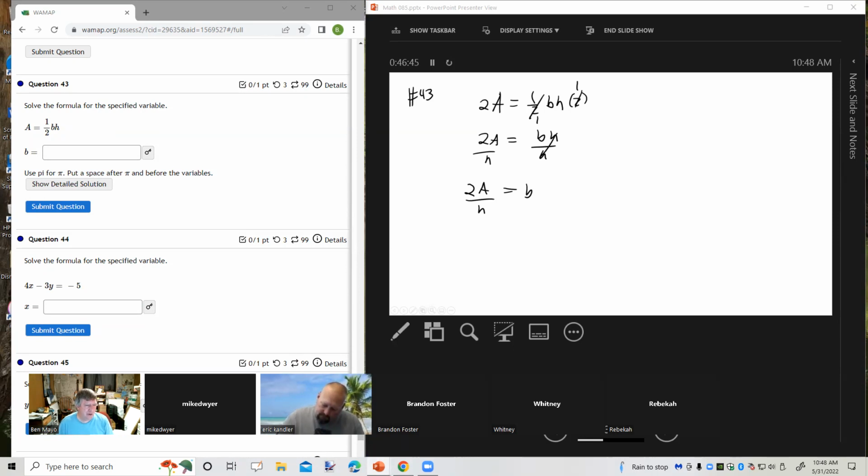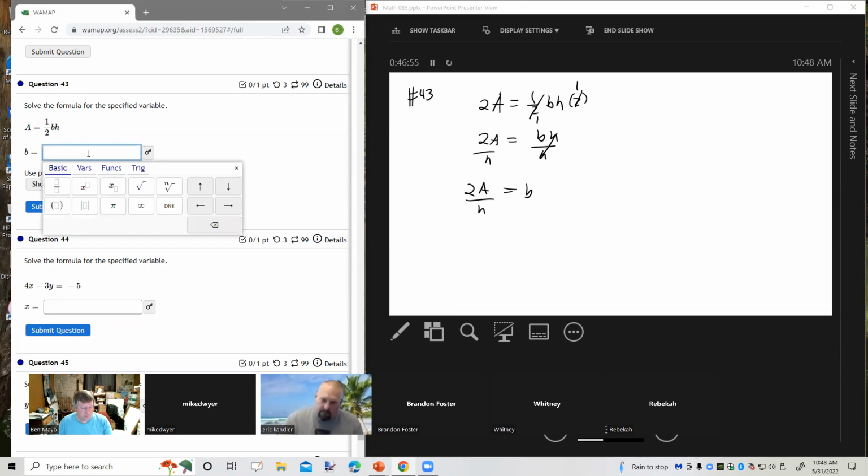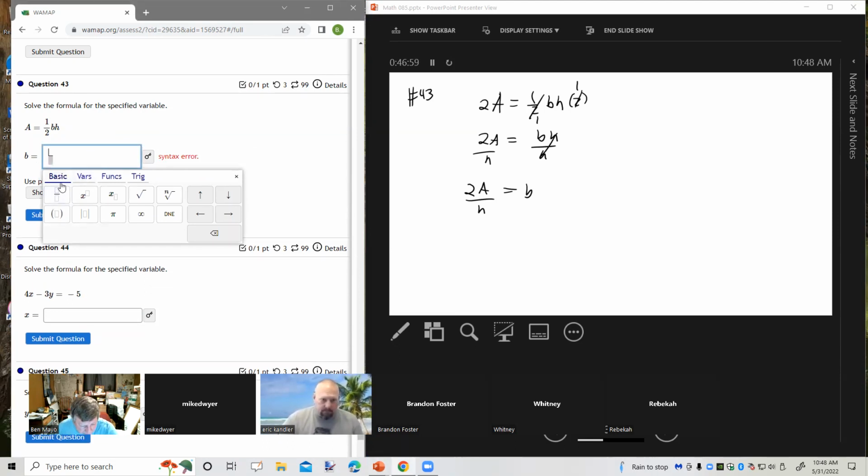Now, I don't know if WAMAP cares, but in WebAssign it does, which is the other one I've been using. So don't change cases of the letters. So this should be, let's see, I'm going to have a fraction. In the numerator, it's going to be 2 capital A, and in the denominator, a small h.